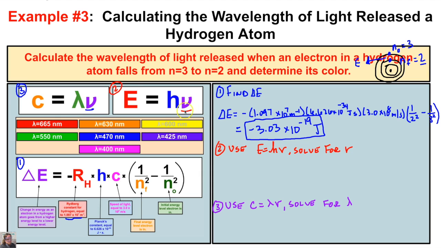Let's now determine in our second step the frequency of the light that has been released as the electron goes from n equals 3 to n equals 2. We know that energy equals Planck's constant times the frequency. If we want to figure out the frequency, we divide both sides by Planck's constant, so we simply take the energy and divide it by Planck's constant.